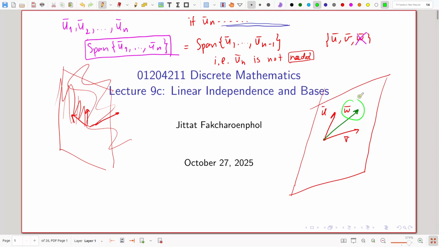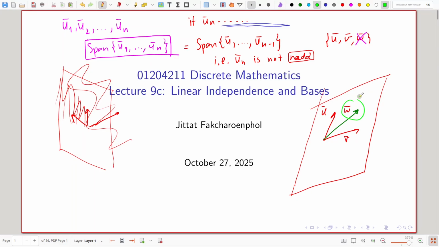Okay? So when we have a set of vectors where some of the vectors can be removed, we say that this set of vectors is not linearly independent. The concept of linear independence is that nothing you have is a linear combination of the other things. So they are independent.